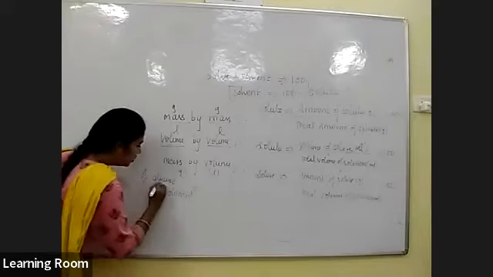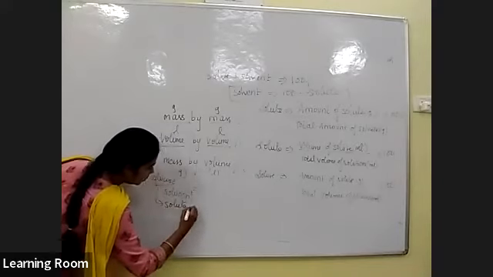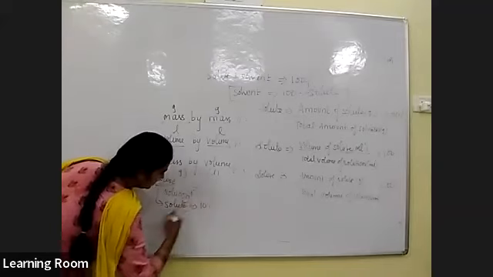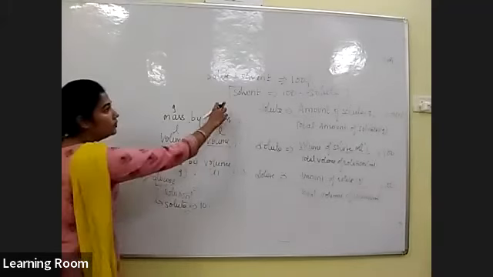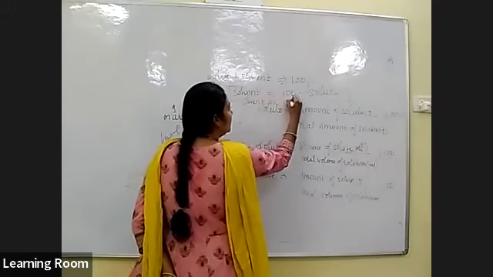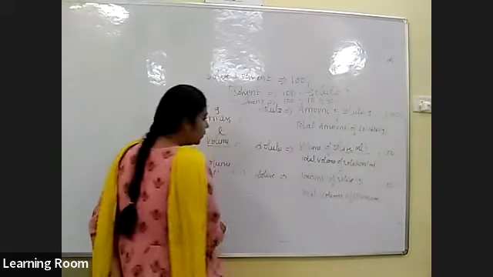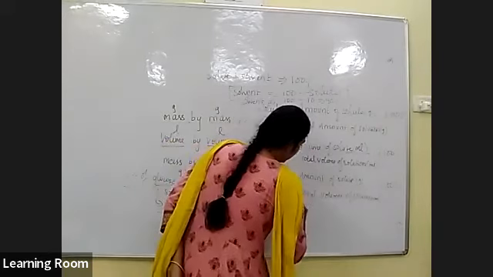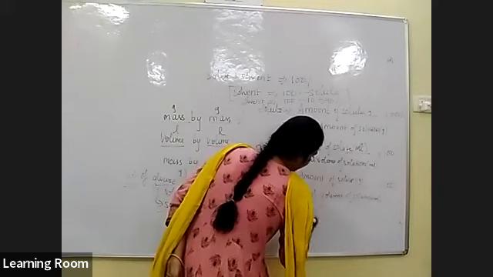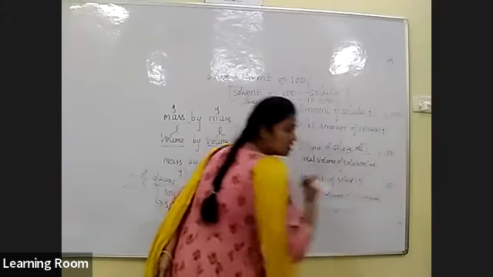See, 10% glucose. This is your solute, so the solute is 10%. We know the formula: solvent is equal to 100 minus solute, 10, which means 90%. Now apply it here also. It will be 10 divided by 100 into 100, which means 10 is your answer.